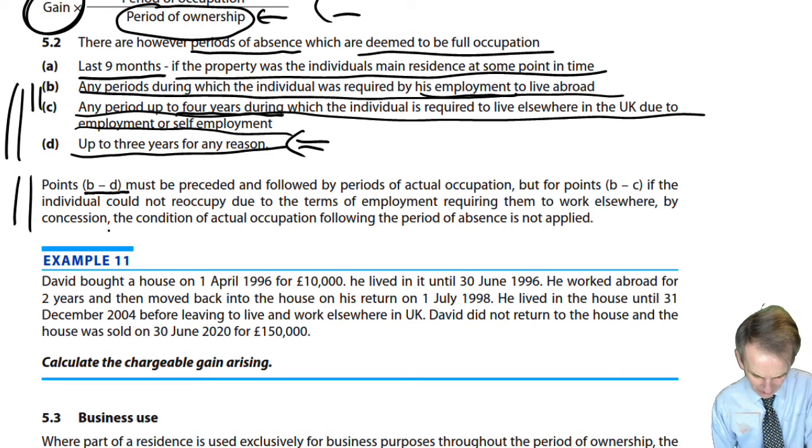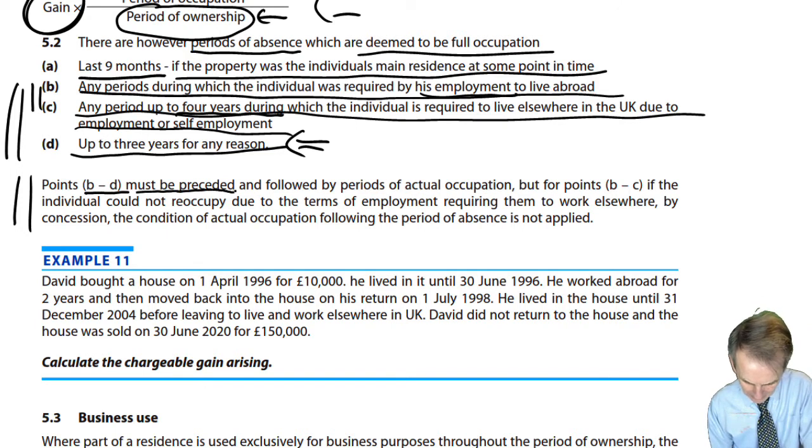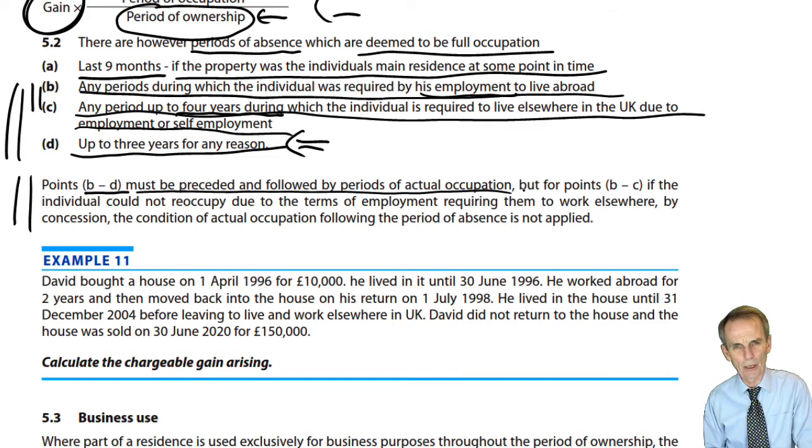Points B to D must be preceded and followed by periods of actual occupation. I bought the property, I lived in it, I went to Australia for 10 years to work, I came back, therefore I've got actual occupation both before and after.